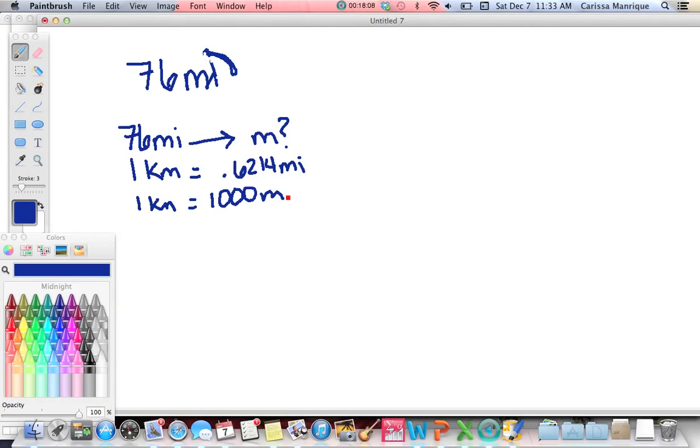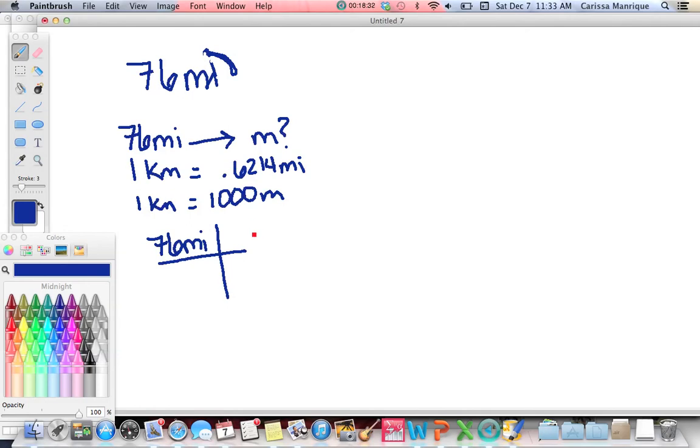Now we go to our original unit, which is 76 miles. And we're going to convert this to meters. The first thing I need to do is figure out which unit uses miles. So the miles is right there. That's the unit I have to use, because this one doesn't even have miles in it. So where do I put miles?